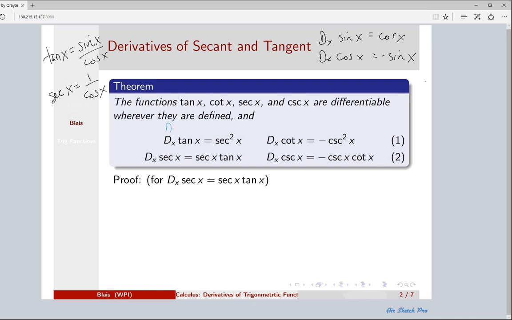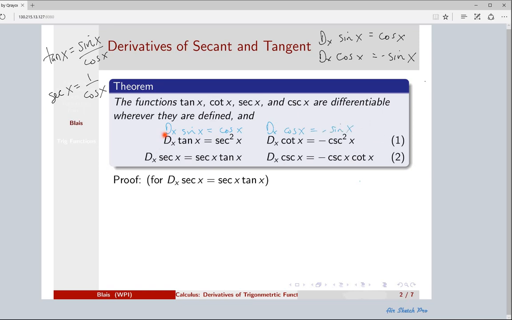The derivative with respect to x of sine of x is cosine of x, and the derivative with respect to x of cosine of x is minus sine of x.